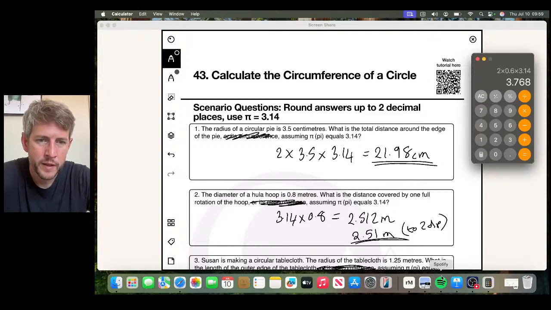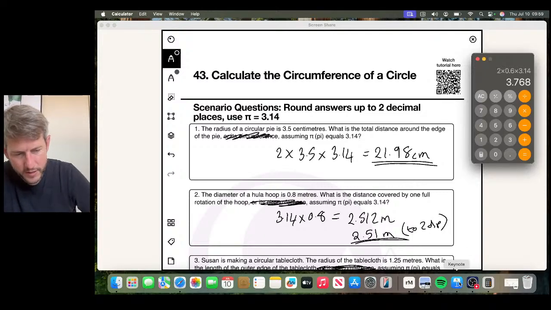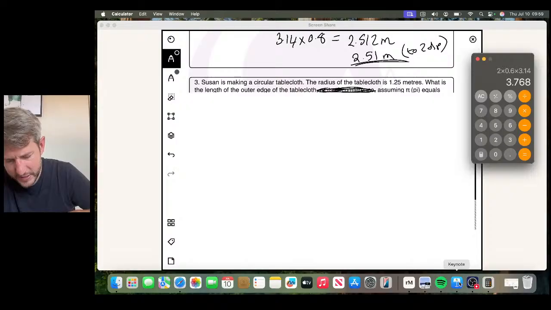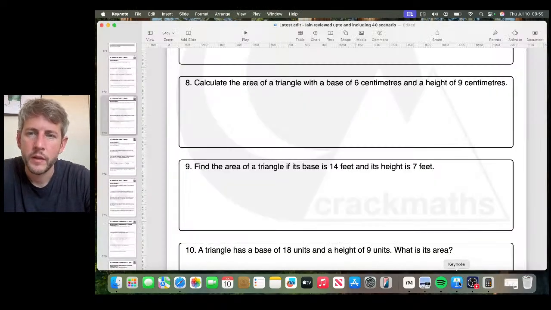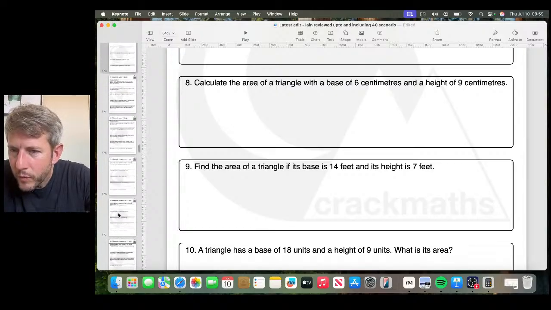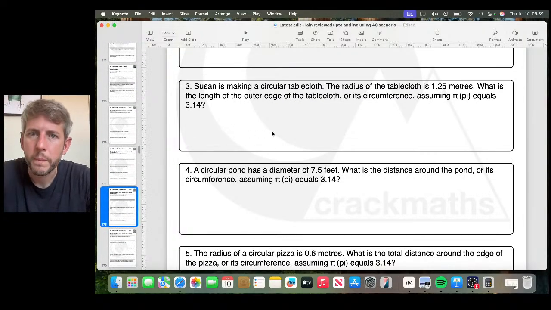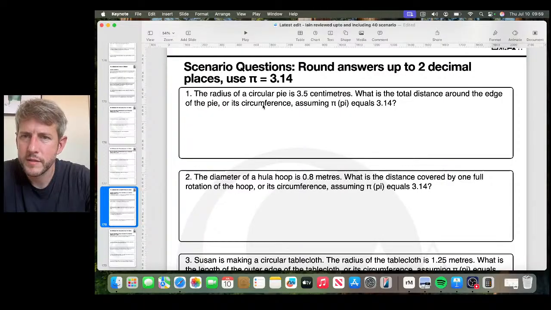So this is page 178. I just need to get rid of this phrase from here.